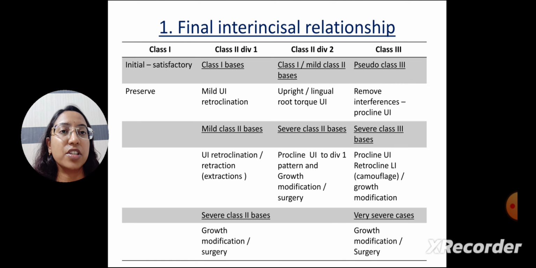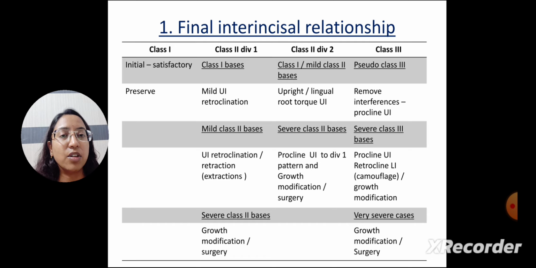So coming to the first interincisal relationship. Depending on what kind of malocclusion it is, for a class 1 case, where usually the jaw bases are normal, the upper and lower incisors generally show a normal or a satisfactory interincisal relationship. Cephalometrically, we have a 130 to 135 degrees interincisal angle.